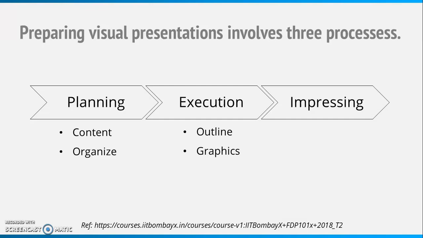Execution talks about how you provide a particular flow to the whole presentation by creating an outline and adding bulleted details, and most importantly, the graphic supports. And finally, at the impress stage, when you actually prepare a presentation, it involves the choice of fonts, color schemes, and visual effects, which make up the visual appeal of that particular presentation.